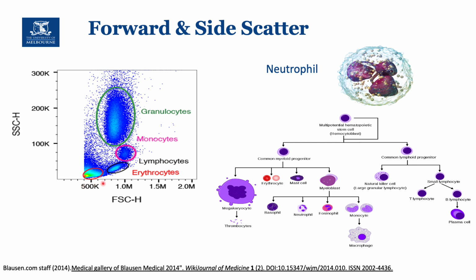You have distinctions between erythrocytes, which is the gate in red, then lymphocytes, monocytes and granulocytes. And as they increase in size and complexity, they increase in forward and side scatter. You can see that the different cells within the whole leukocyte and hematopoietic differentiation path will have different properties, and these properties will correlate with scatter measurements.